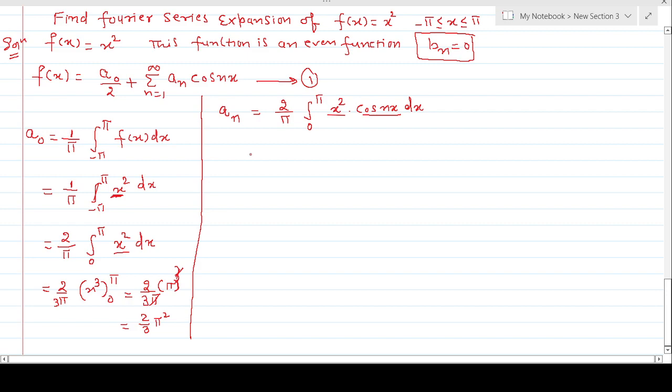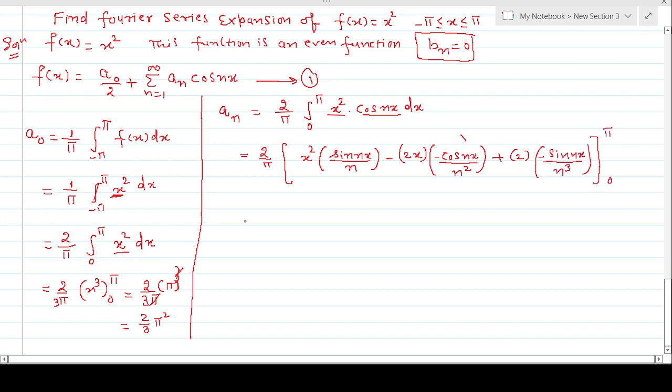Integration of cos is sine nx by n, minus derivative of x square is 2x, integration of sine is minus cos nx upon n square, plus derivative of 2x is 2, and then integration of this function, which is minus sine nx by n cube, within the limit 0 to pi.